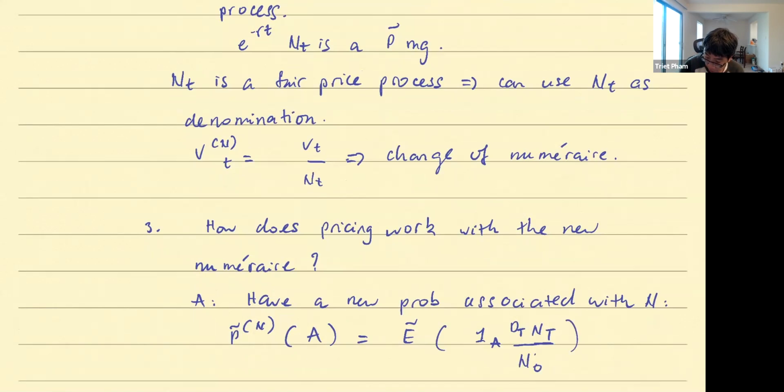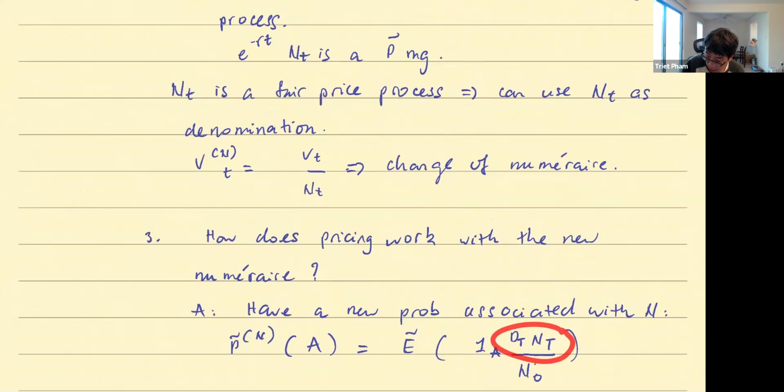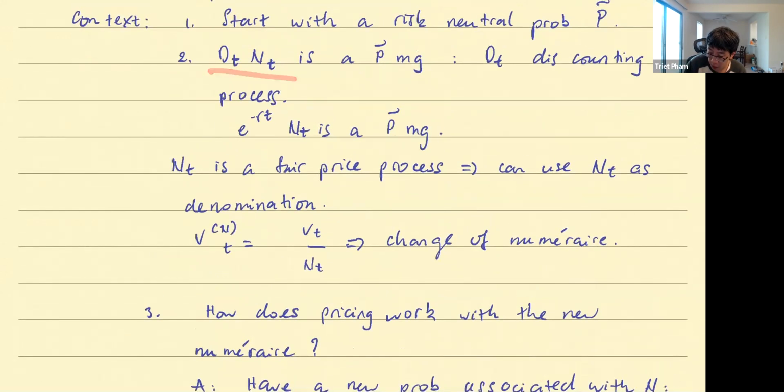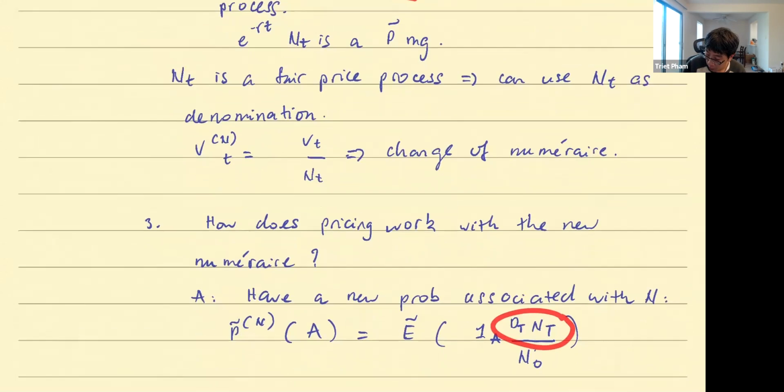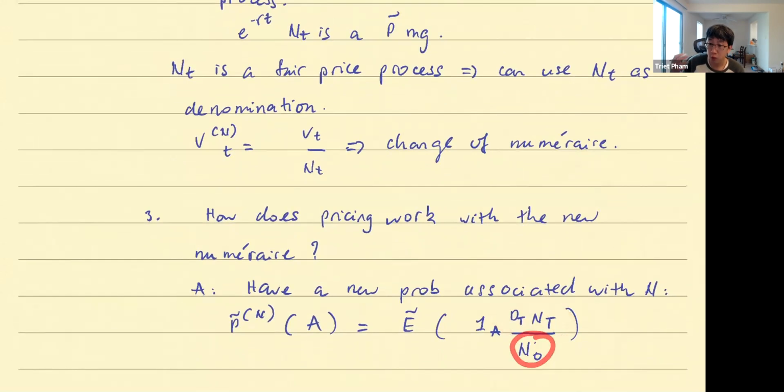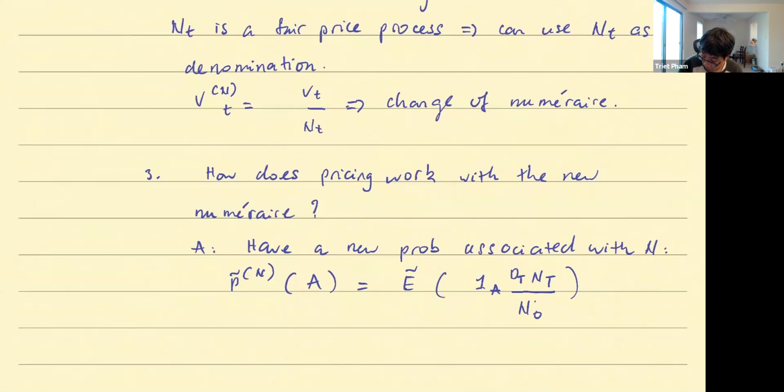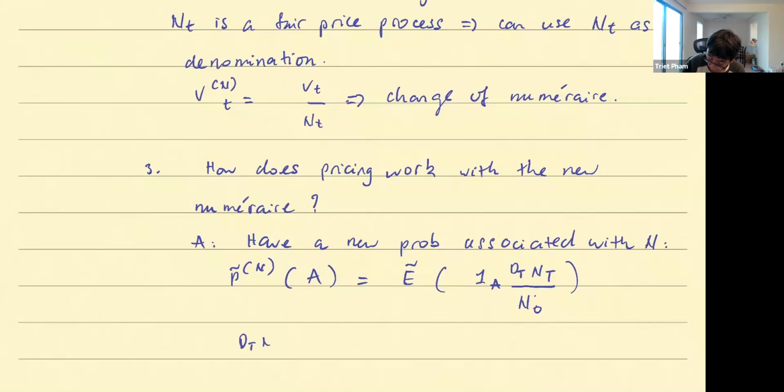So in other words, D_T N_T is required to be a martingale, and we divide by N_0 to make sure that it has expectation 1. So D_T N_T over N_0 here exactly plays the role of Z_T in the change of measure kernel before.